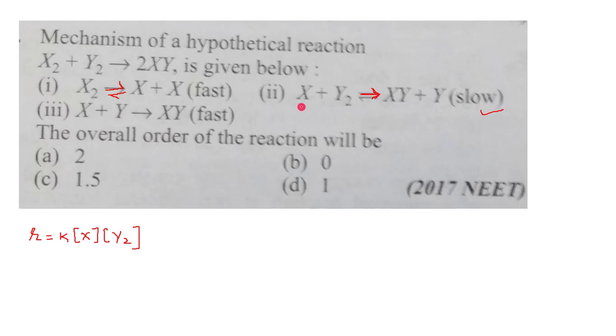But here X is coming, where we don't have X on the reactant side. So X is an intermediate formed during the course of the reaction. So what do you have to do? You have to find out the relationship of this intermediate with the other reactants. How? By applying the equilibrium concept.